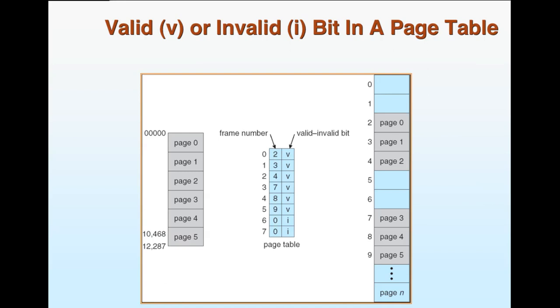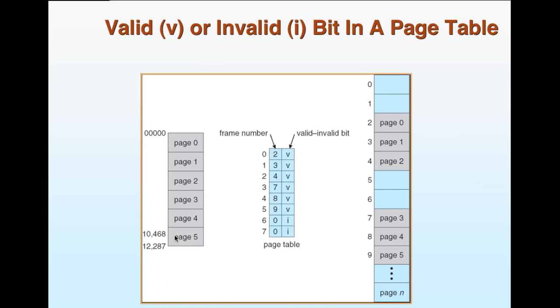Because we don't care about fragmentation, and we don't care about contiguity. It's not contiguous, so we can use anything we want at any time. So the V and the I are normally the bits that are being set in the page table. Now we have an extra entry in the page table that's keeping track of the valid or invalid bit associated with the frame number that's associated with the page we're allocating.